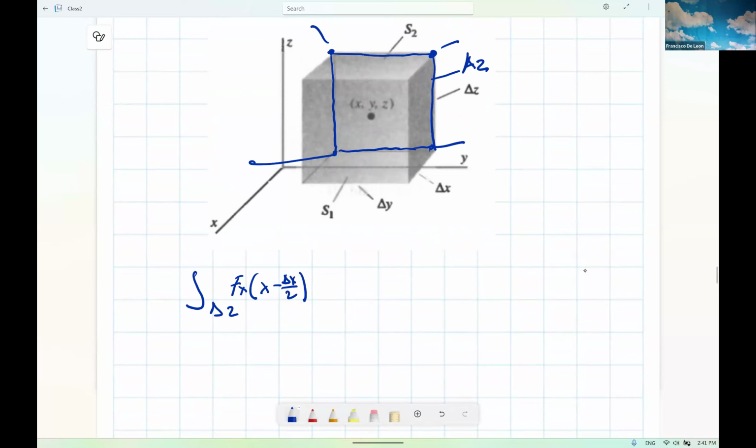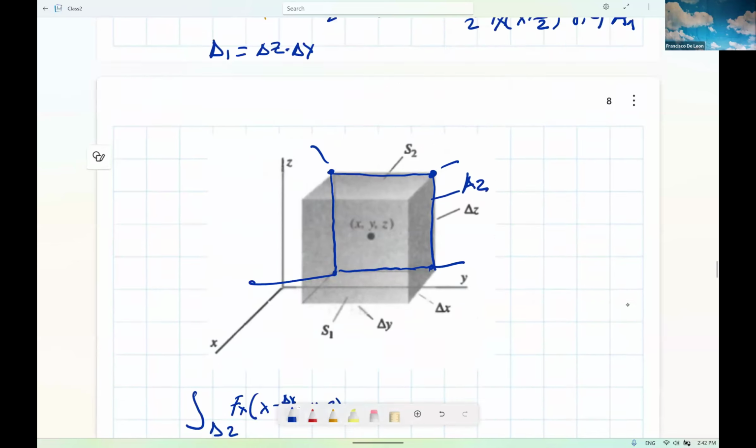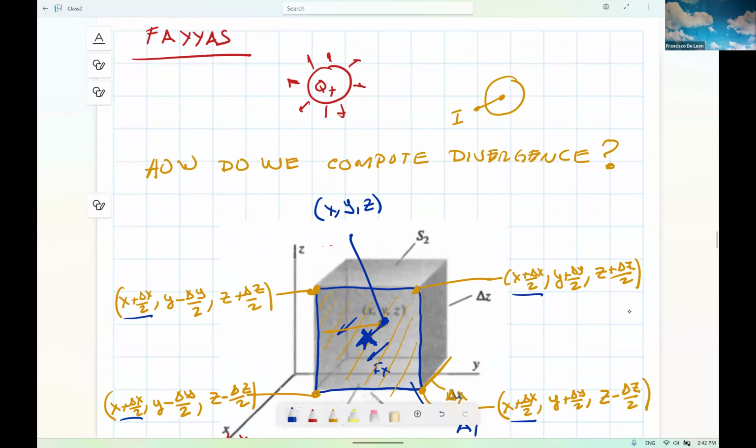And it will have y and z. Now it is the negative, because remember the direction of area is coming outwards from the volume.